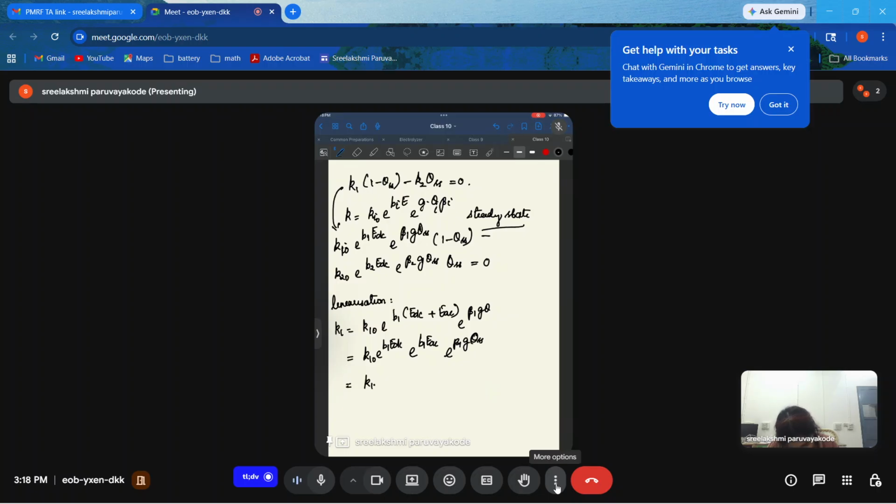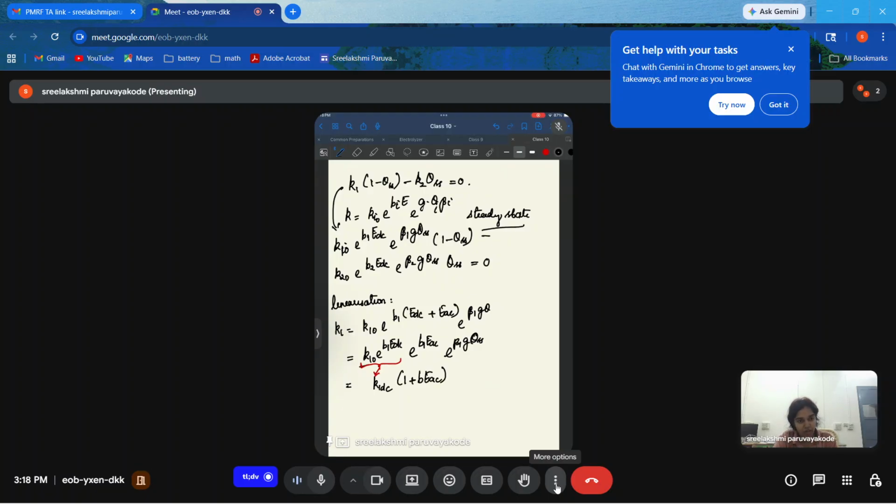This remains the same: K1 naught into exponential of B1 EDC, which we know is K1 DC. Now exponential B1 EAC we can write as 1 plus B1 EAC.